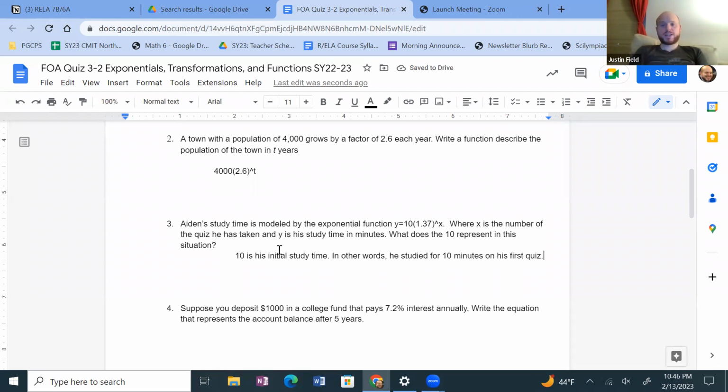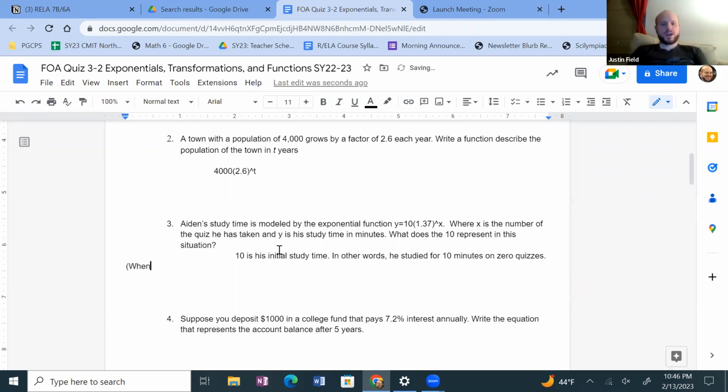So x is the number of the quizzes, and so maybe 10 is on 0 quizzes, which sounds weird, but it's when x equals 0, because we know 10 is the y-intercept.